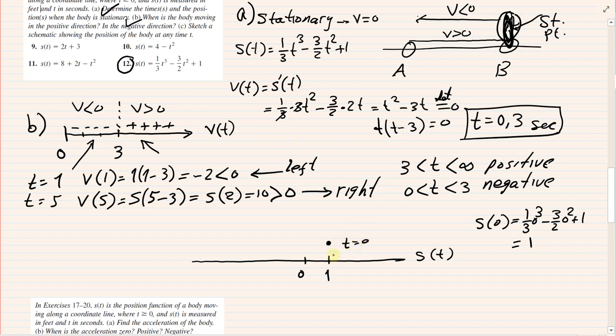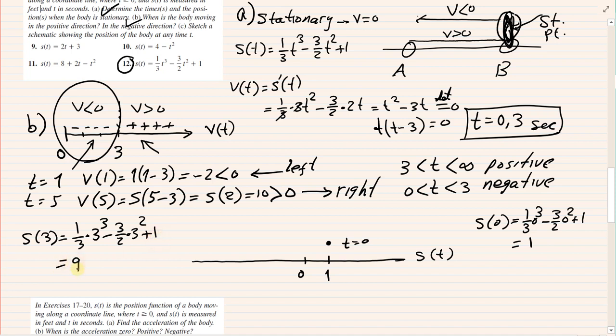And then it moves to the left, right? Remember, between 0 and 3, the object is moving to the left. At 3, s(3) is 1/3 times 3 cubed, minus 3/2 times 3 squared, plus 1.